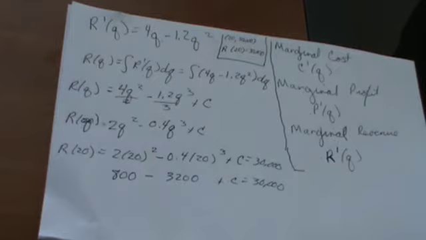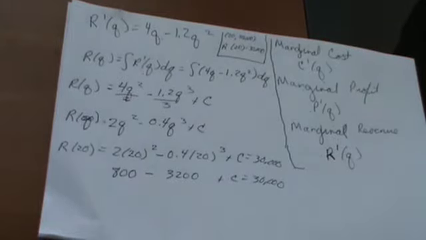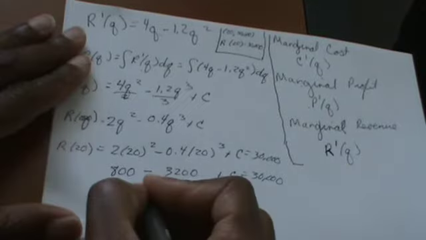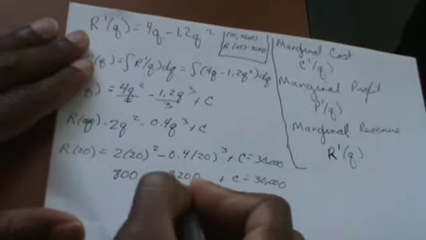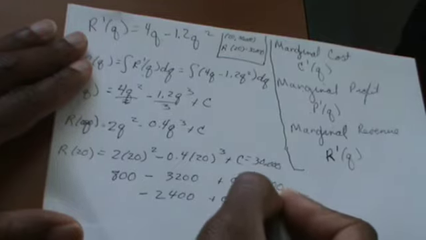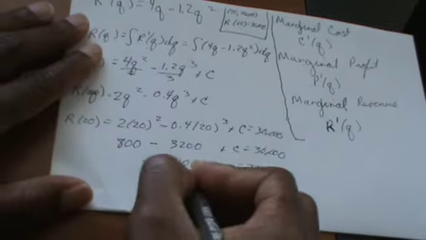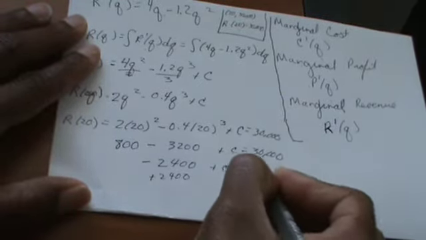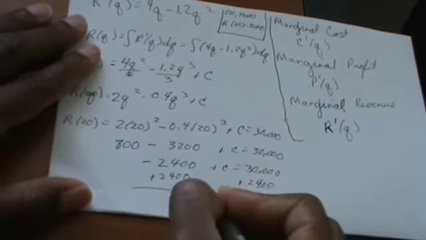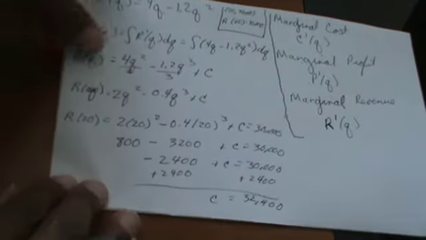Folks, if you see an error, just let me know. I am human. So minus 2400 plus C equals 30,000. Adding 2400 to both sides, C equals 32,400.